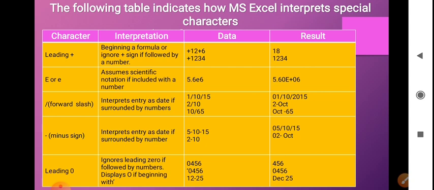But if you want the month first, then the date, and then the year, you can change it. But the default one is already saved in your operating system. They can be modified by right clicking the active cell and choosing the format cell option. So you can change this option from the format cell. Okay.